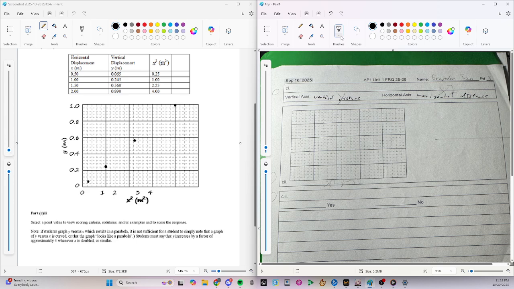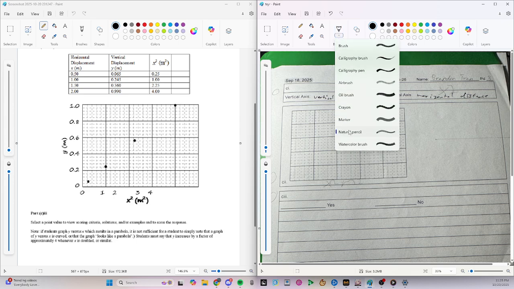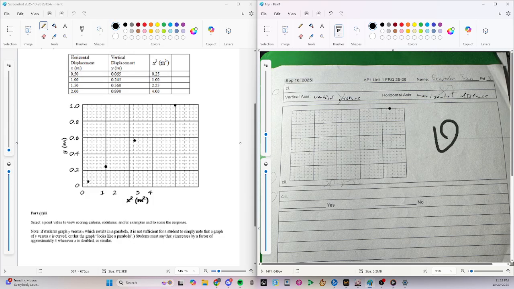But this graph should be x squared, in meters squared. And this will just be y in meters.